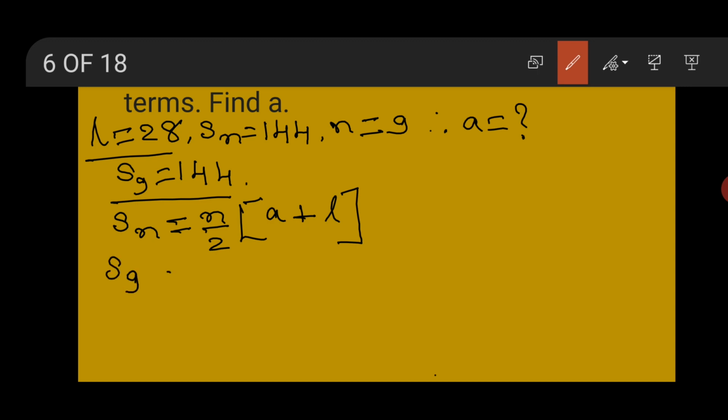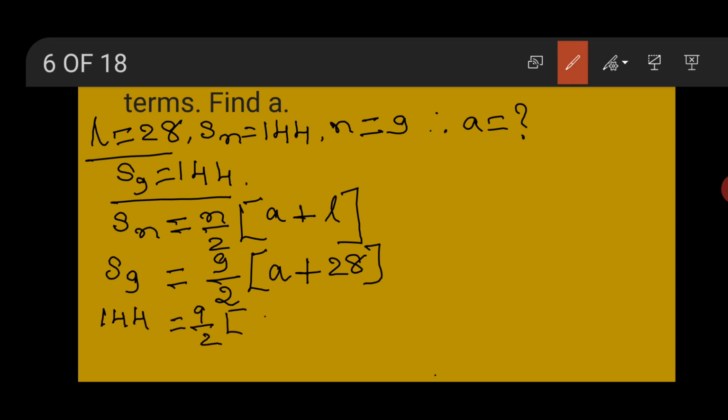Sn is S9. So n value is 9 divided by 2. What is the value of a? Do you know? No. Keep a as it is, a plus what is the last term? It is 28. Now substitute the value of S9. It is 144 is equal to 9 divided by 2 into a plus 28.